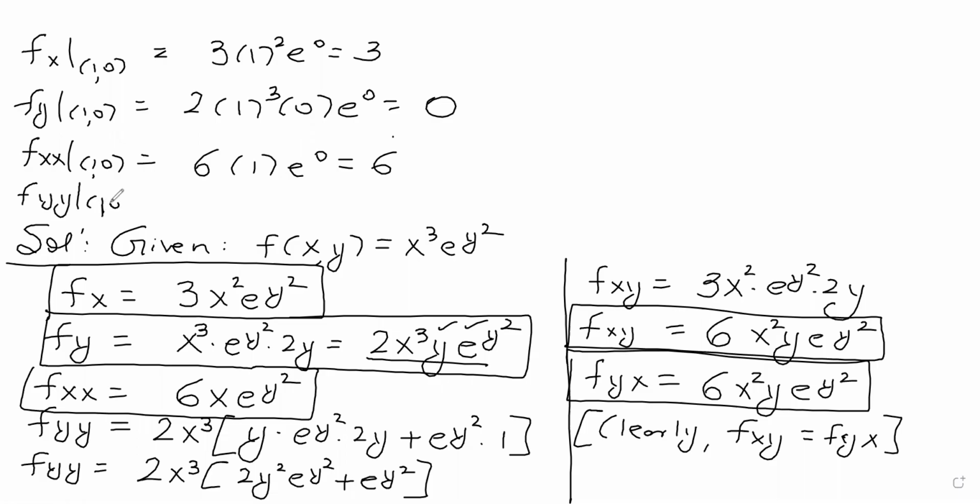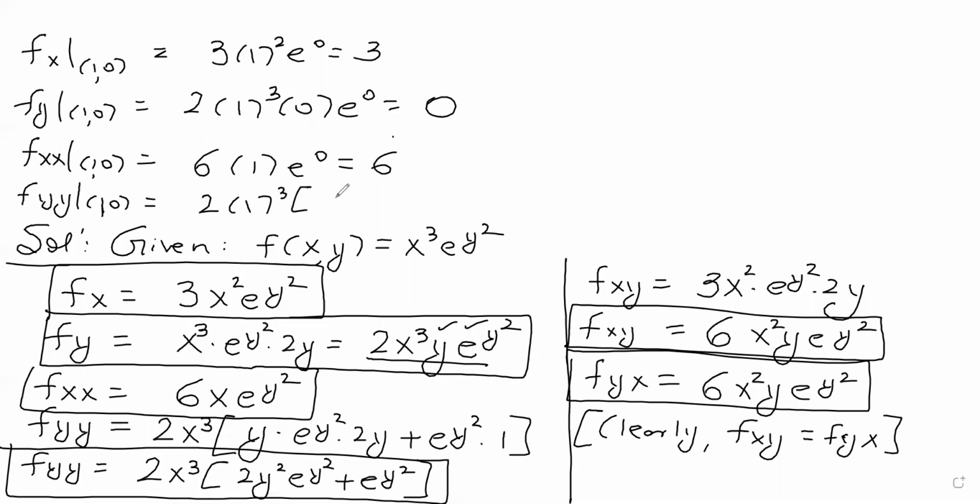Fyy at 1, 0 will be, put 1, 0 in this. So we get 2 times 1 cube into 2 into 0 square e to the power 0 plus e to the power 0. So this is 2 times 0 plus 1, which is 2.